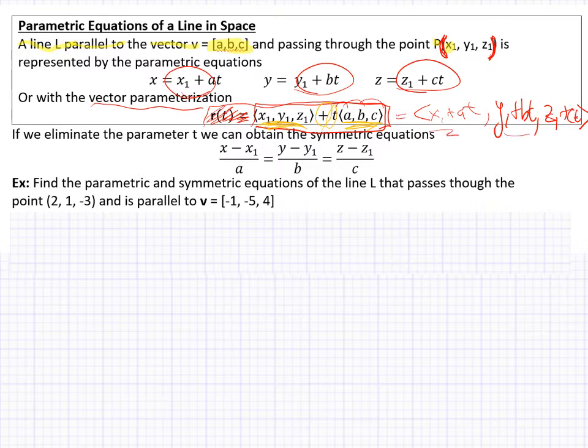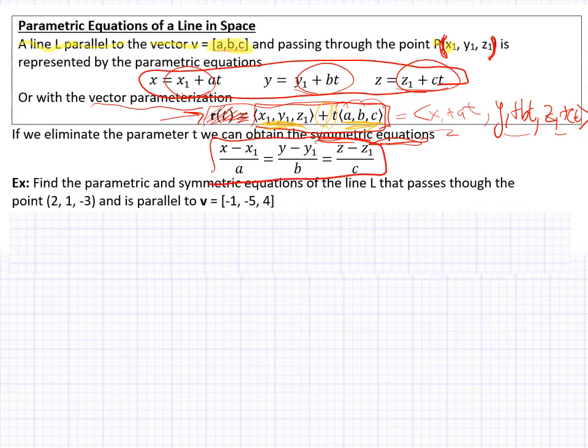Other than that, I'm not going any further with the vector parametrization. We'll get back into that in the next chapter. Another thing you'll see here is this thing called symmetric equations. My preferred way of writing the equation of a line is with the three separate parametric equations, or eventually this parametrization. But another way we can do it is with what we call symmetric equations.